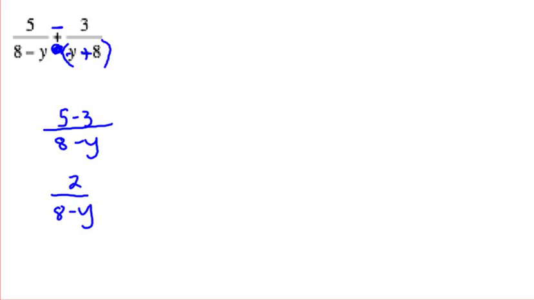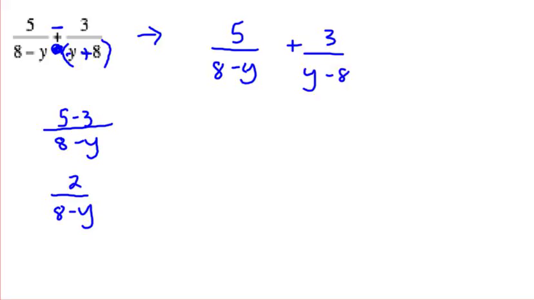y. Let me just show you if I did it that way. Okay, again, I started out with 5 divided by 8 minus y plus 3 divided by y minus 8. And I wanted them both to be y minus 8, so I took a negative out here. That makes that negative 8 and that positive y, which of course makes y minus 8, the same thing I have over here.